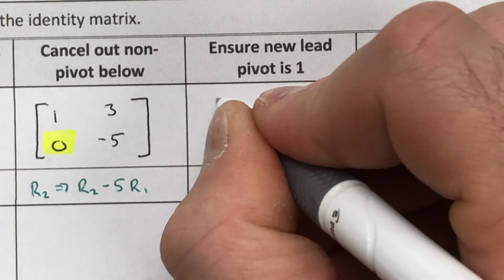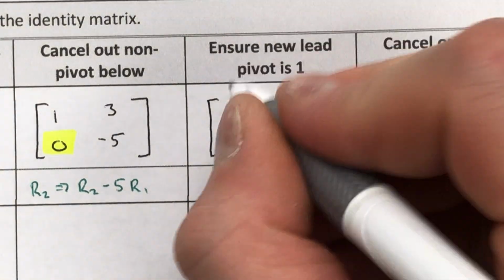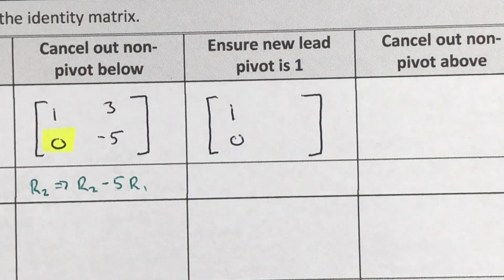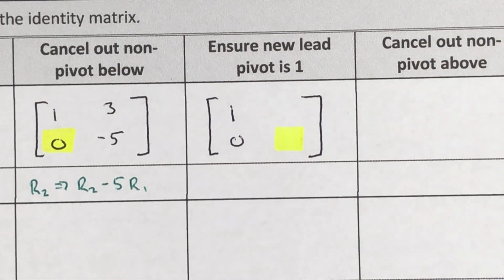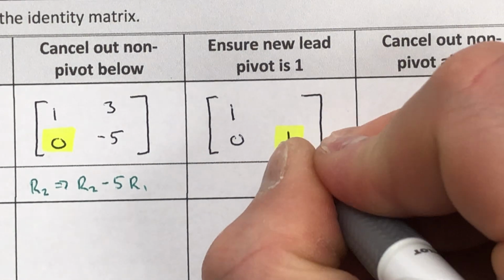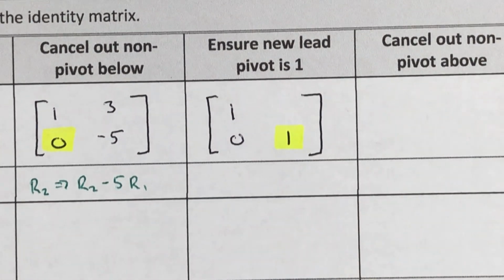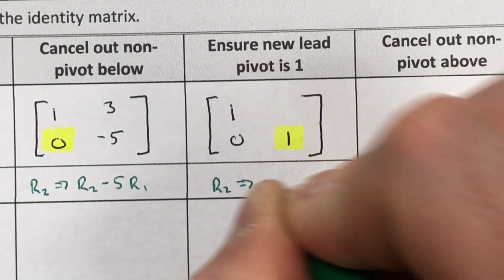The next thing that I'm going to do, I'm slowly working my way around the matrix. I want to keep my 1, I want to keep my 0, but my next thing that I'm paying attention to is that number right there. I want to ensure that new number is 1. So what do I multiply a negative 5 by to get a 1? Again, I'm making a rule for row 2.